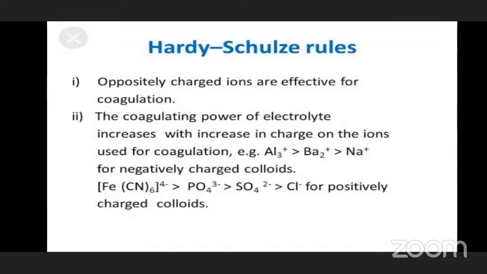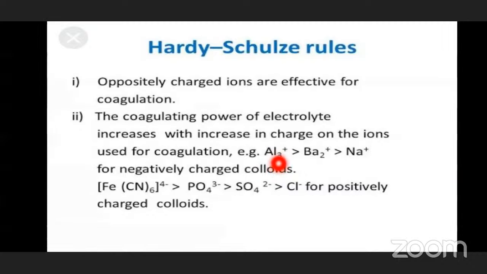For example, if positive charged atoms are available, then it is effective towards negative charged atoms. If a negative charged atom is available, it is also neutralized by the positive charged atoms or particles. Then the second point: the coagulating power of an electrolyte increases with increasing charge on the ions used for coagulation. For example, among aluminum, barium, and sodium, aluminum contains +3 valency.